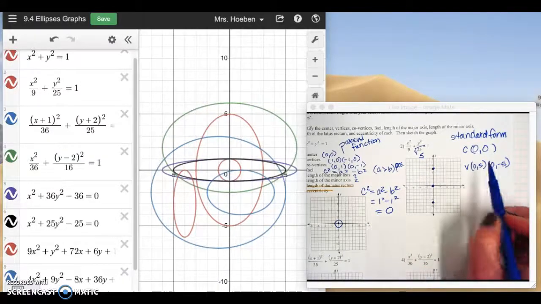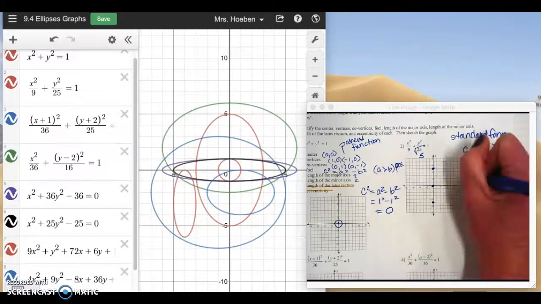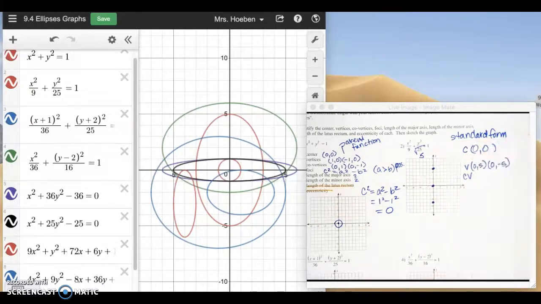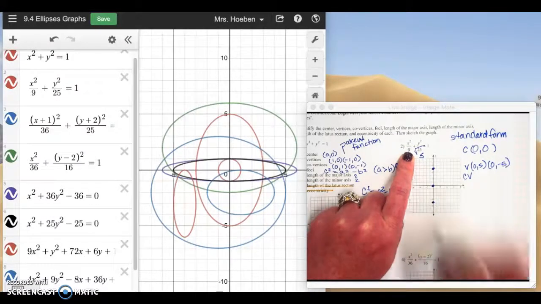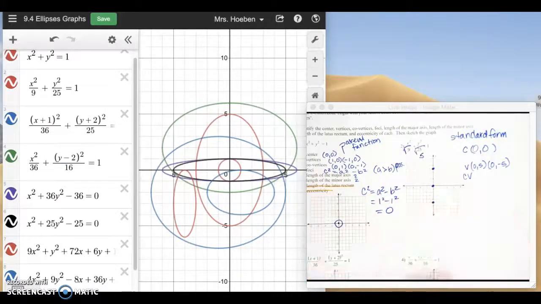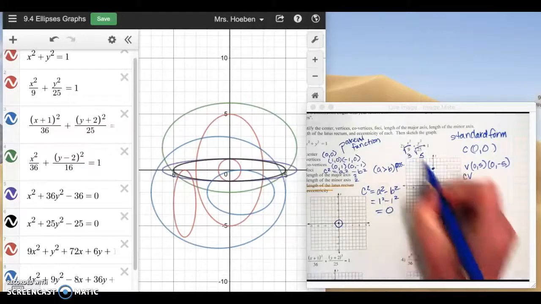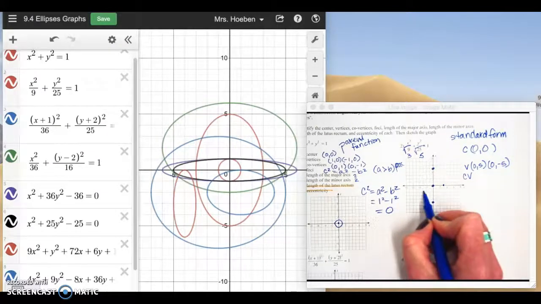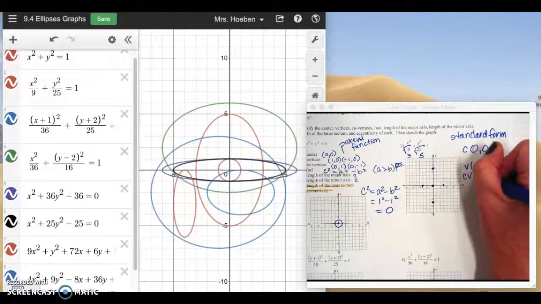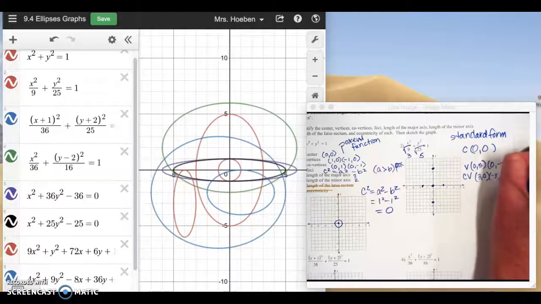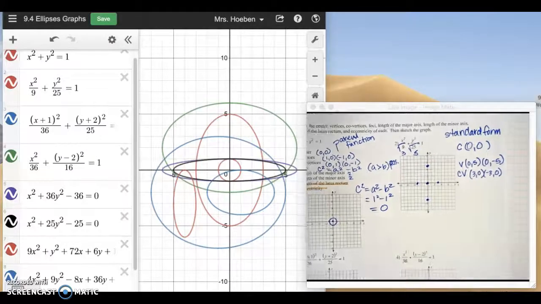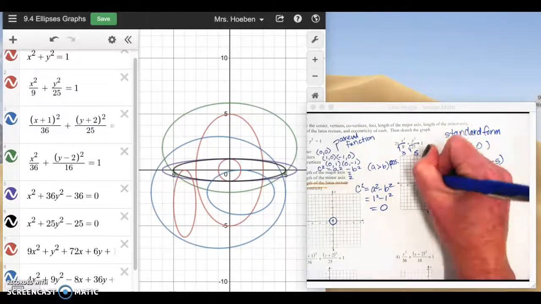That gives you your 2 vertices, and then your co-vertices is the square root of this number. The square root of 9 is 3. So you went 3 this way, 3 this way, and you have 3, 0 and negative 3, 0.